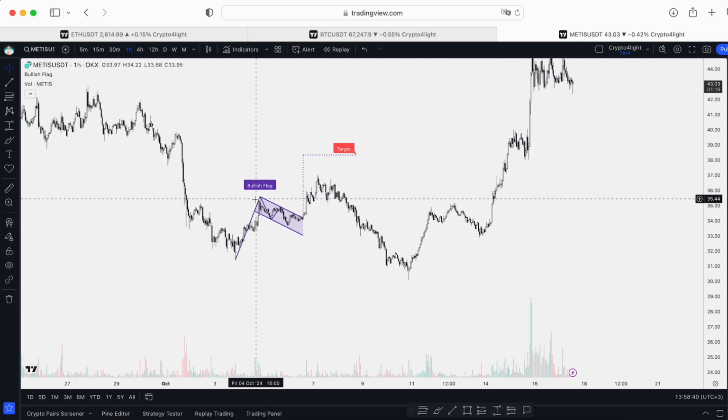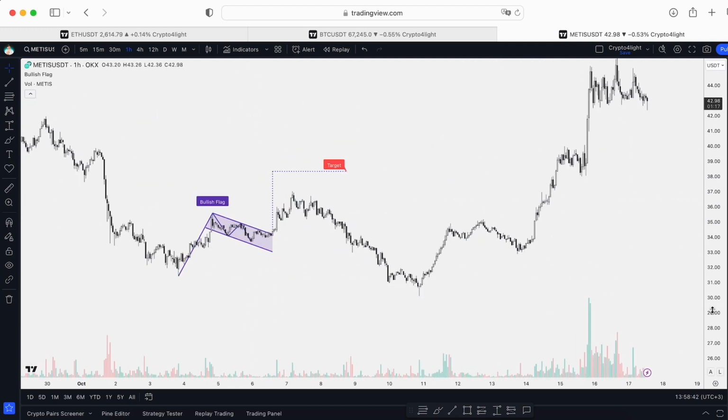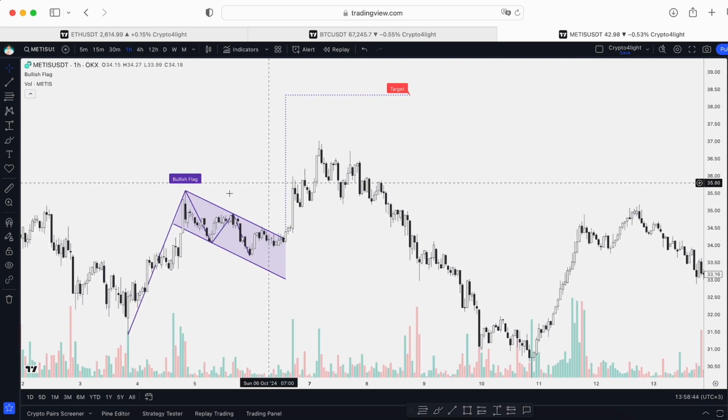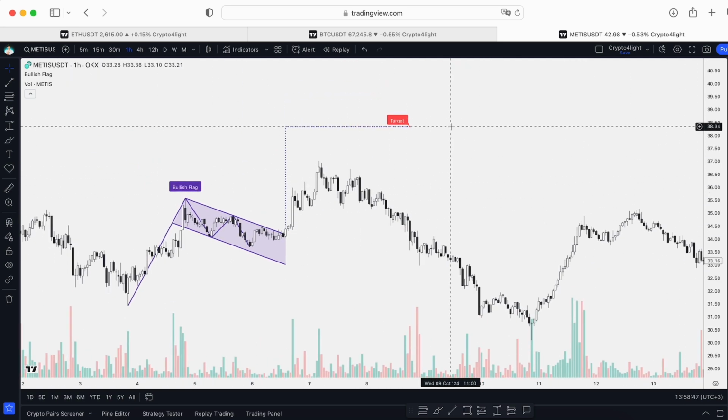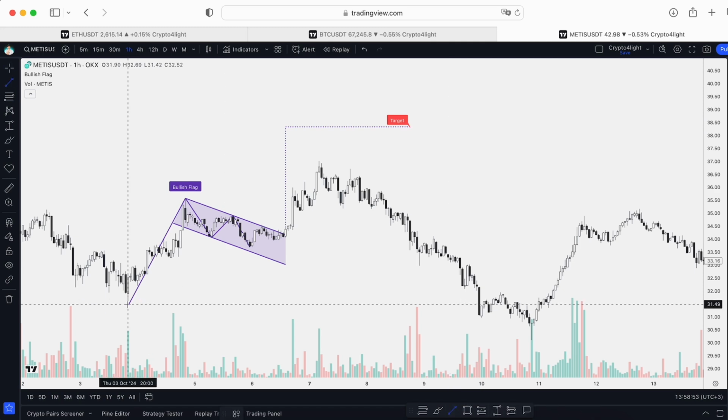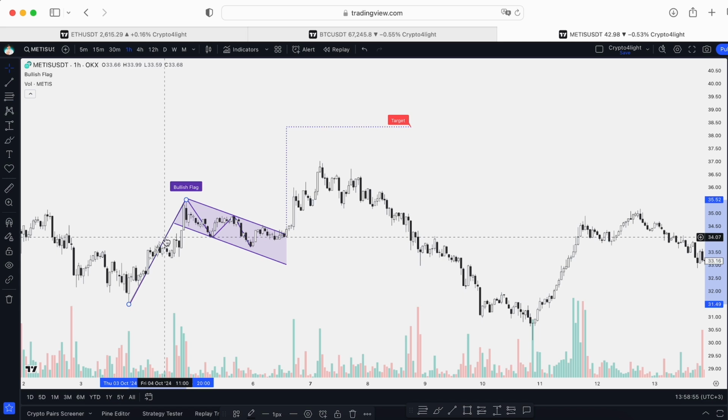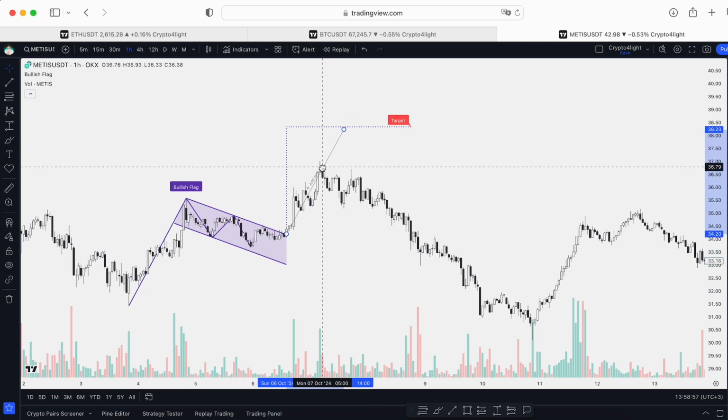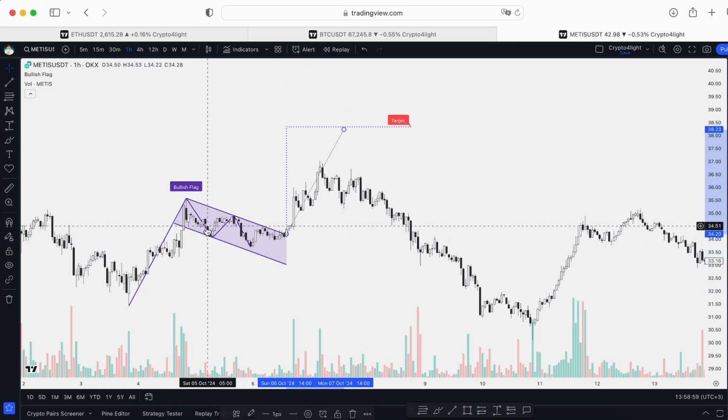This is an impulse, like a bullish flag, and based on this pattern, we should pump to $34 because of the size of that impulse. So this is an impulse, and technically, yes, this is a flag, a formation of the bullish flag.